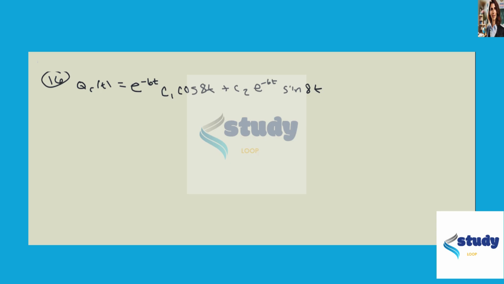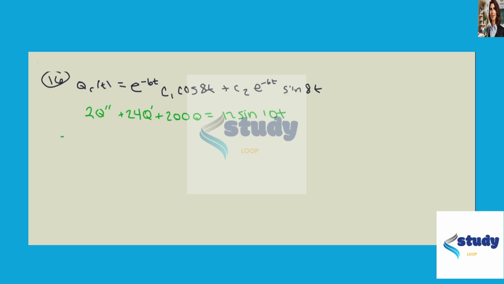From my equation, I know that it's 2Q double prime plus 24Q prime plus 200Q equals 12 sine 10t.